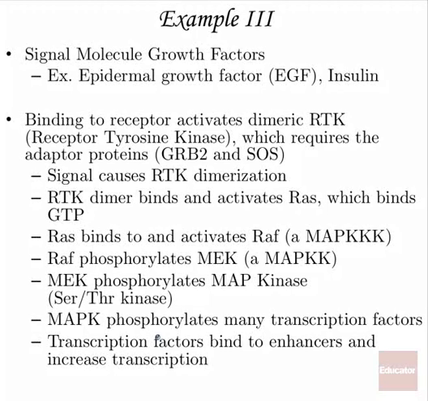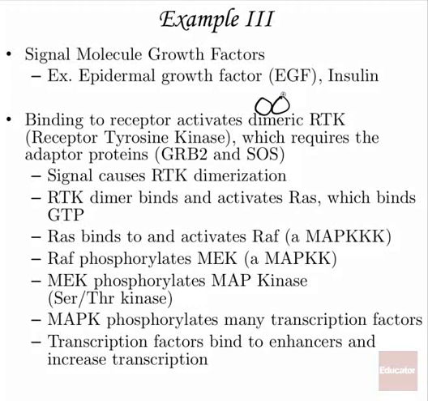Okay, so how this works is that we have a binding to the receptor, activating a dimeric, so a 2 protein, RTK, which is a receptor tyrosine kinase enzyme. Now, the dimerization requires the adapter proteins GRB2 and SOS.